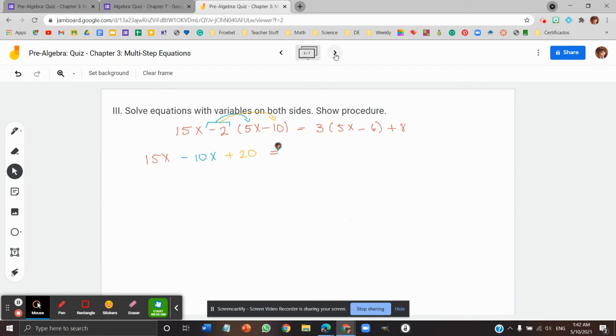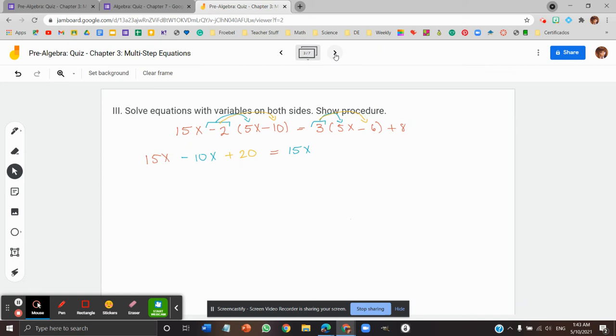Equals. I'm going to do the same thing on the other side. Now my 3 is positive, so it will be positive 3 times 5x. And again, that is positive times a positive, so my answer is going to be positive. 3 times 5, that is 15x. And 3 times negative 6.